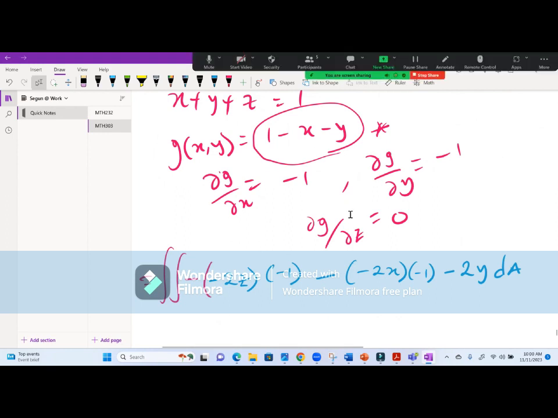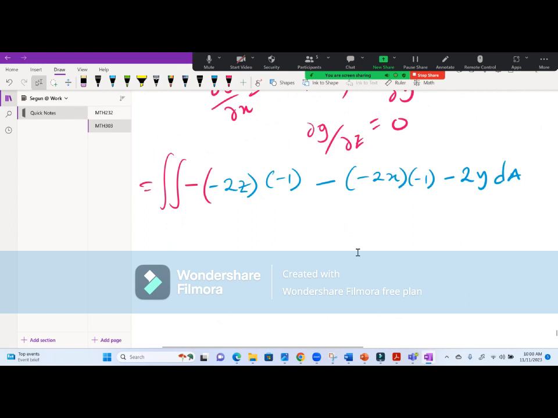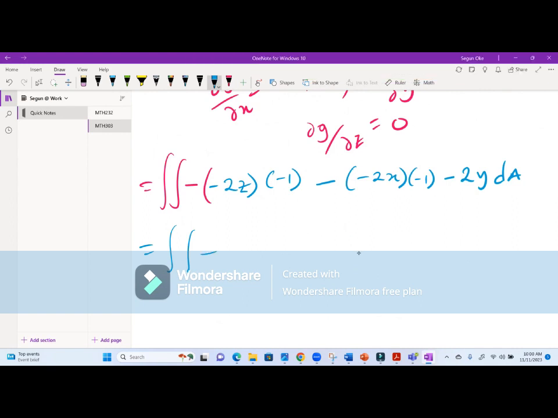That's why we don't put it. We don't have the issue of z in this case. The z is 0. So now, what do we need to do? Let's open the brackets. Minus times minus, positive, times minus, negative 2z. Minus times minus, positive, minus turns to 2x, minus 2y dA.